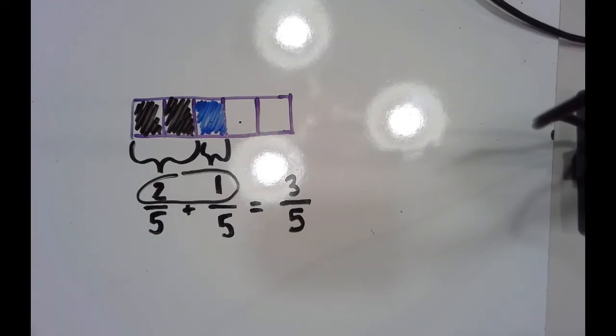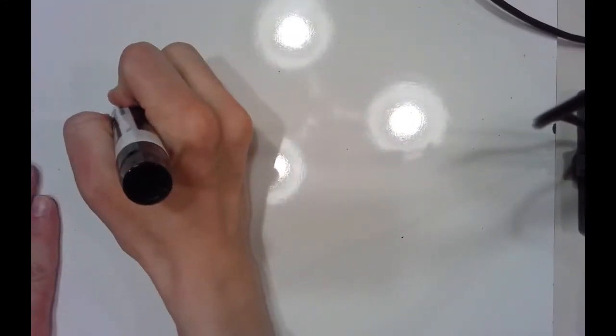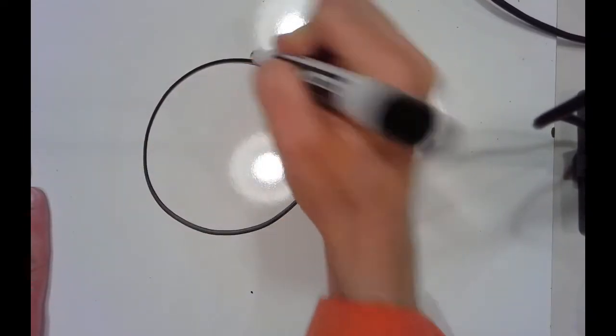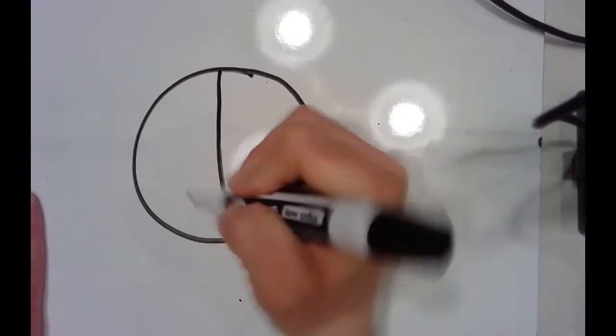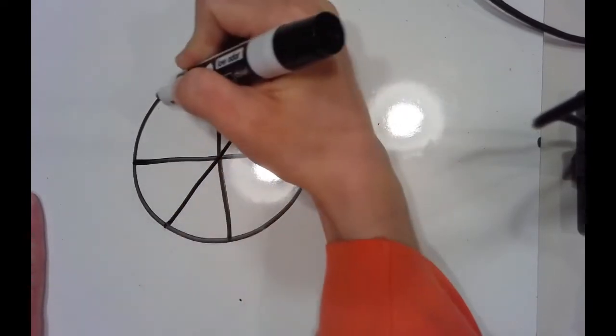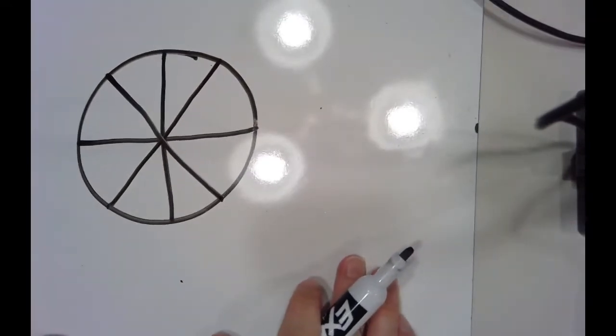So let's take a look at another example, and then we will get our worksheet out. Here is another example. So let's say that we have a pizza, okay? And that pizza is cut into 8 slices. Right? And I had a couple friends over, and we had some pizza together.